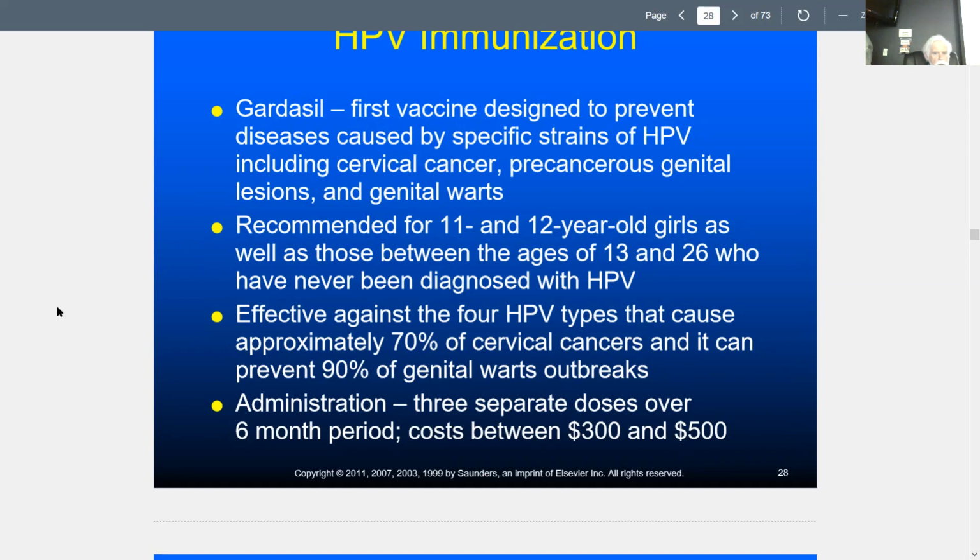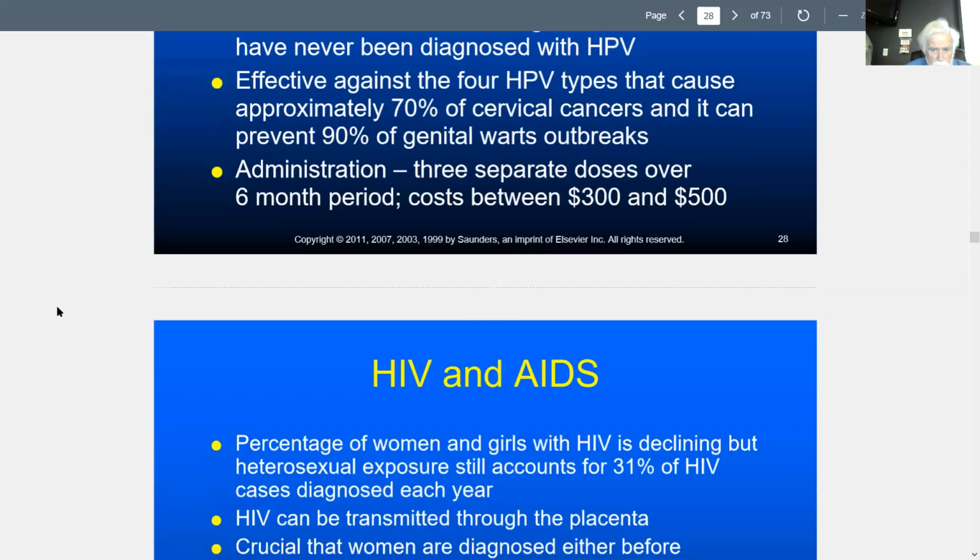So we use these, and actually it was interesting. The governor of Texas, a solid conservative Republican, actually pushed a law through that required that vaccine for young women in Texas. Cost him a lot of grief from many of his fellow Republicans. But I thought it was one of the most intelligent things he could have done.